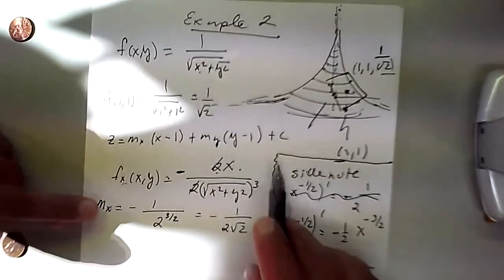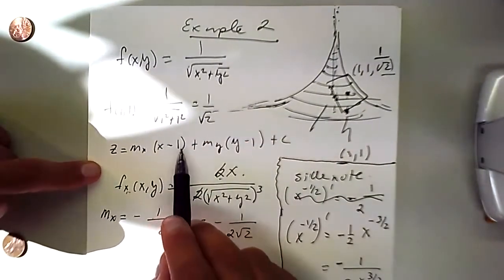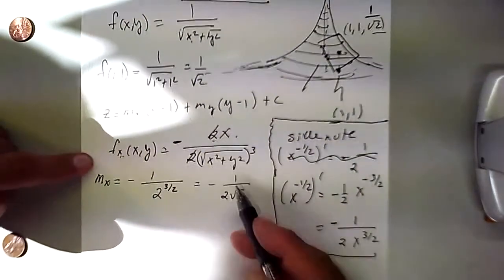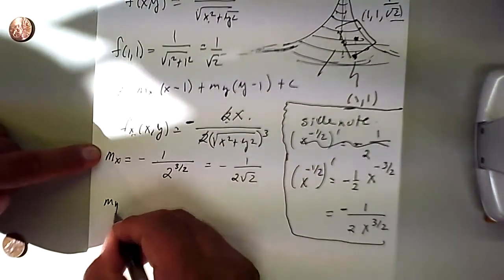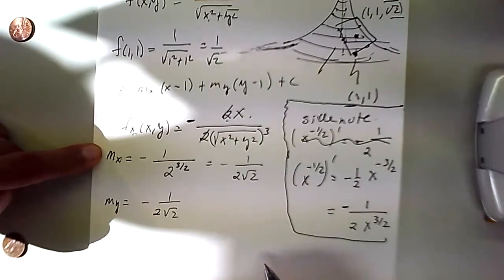Now, this formula is totally symmetric with respect to x and y. So if we are using the same numbers 1 and 1, we're going to obtain the same value for m sub y, negative 1 over 2 square root of 2.